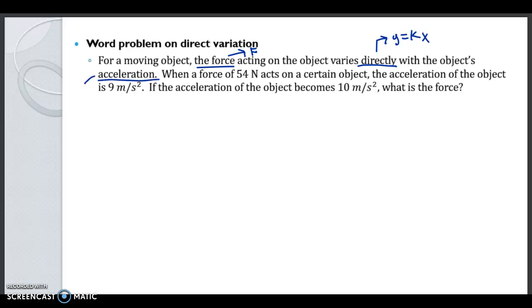So let's call acceleration A. So I'm told that force is going to equal some constant k times A, because that's the direct variation equation.